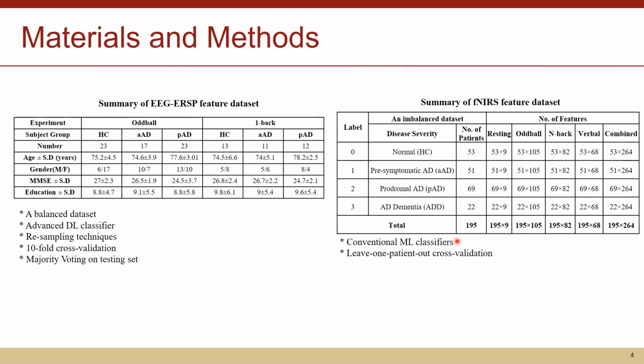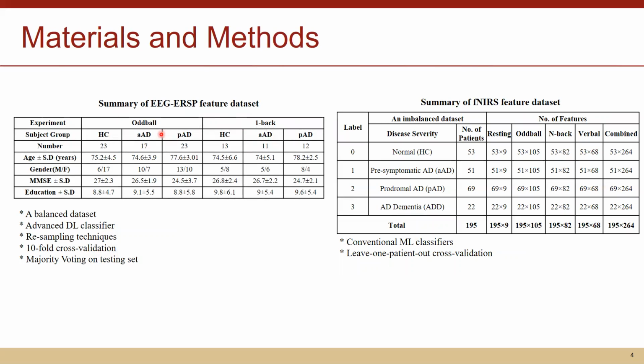Now we will move on to the materials and methods. In order to compare the performance of the combination of EEG and fNIRS, we separately run the experiment based on the EEG dataset only or the fNIRS dataset only. For the EEG-ERSP features, we only do the three-class classification.